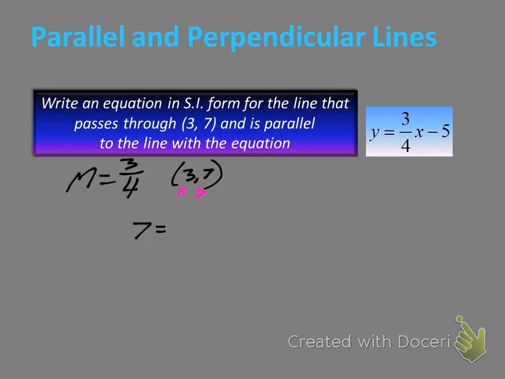So 7 equals 3/4 times 3 plus b. Okay. Multiply 3/4 and 3 together, which gives you what? Anybody know?